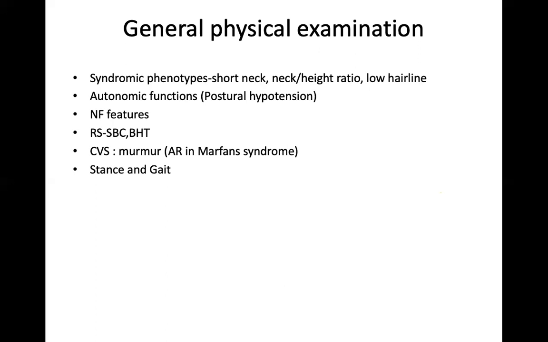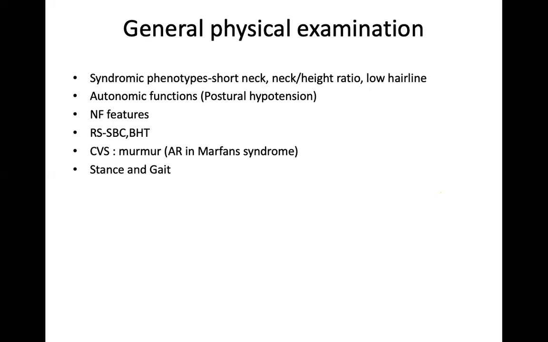In the cardiovascular system, it's relevant if it's a marfanoid habitus, you should always look for any murmur, because aortic regurgitation is a common feature in Marfan syndrome. Then in physical examination in a spine case, you should always talk about the stance or gait of the patient when you examine him: how he is walking, whether the gait is spastic, scissoring, antalgic, whatever gait is there.